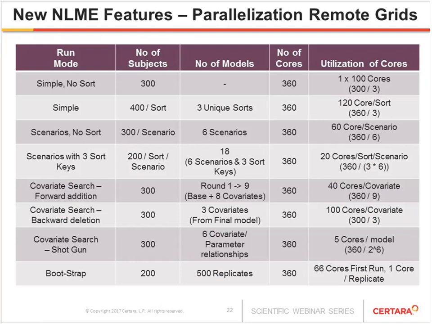Here's a table, and if you want to take a screenshot, that would be great. If you request it of our support team, we can certainly send this to you. This goes through every single run mode and gives an example of how it's parallelized. Basically, any separate models that can be run at the same time, it will run at the same time, such as a covariate search forward addition.